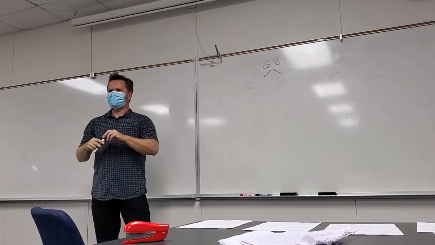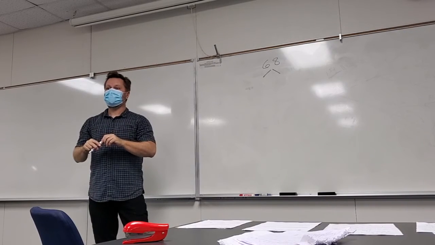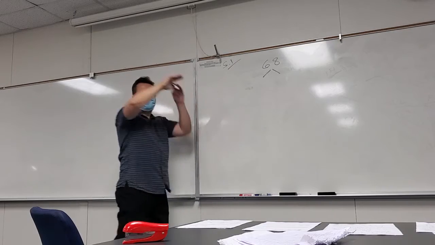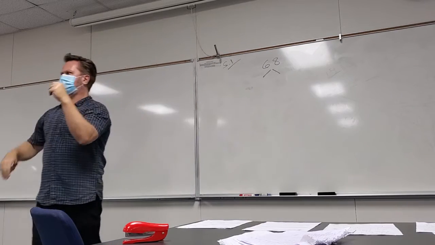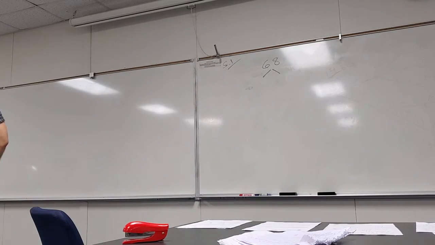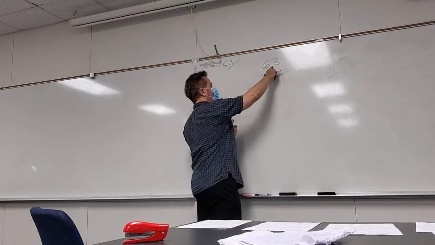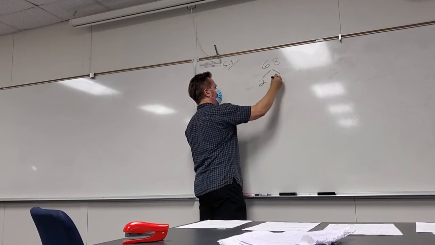What would you start with? There's actually a couple different answers possible. 2 times 34. Beautiful. Not a bad idea. It's even, so you can always pull a 2 out if it's even.